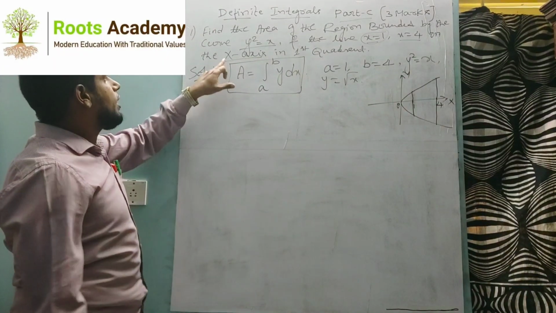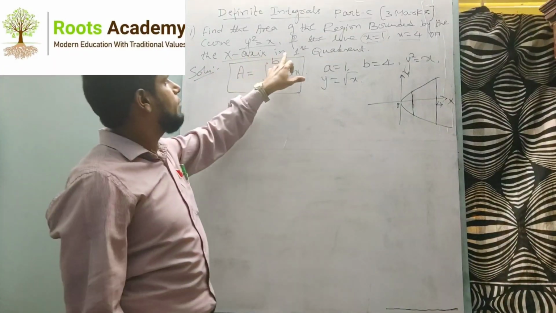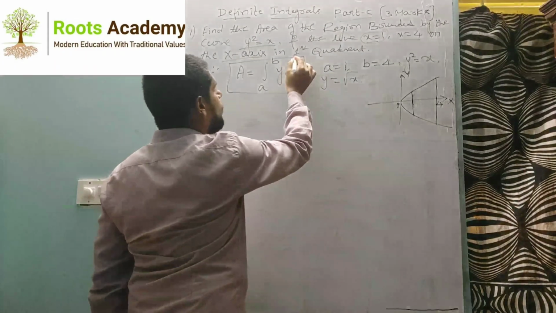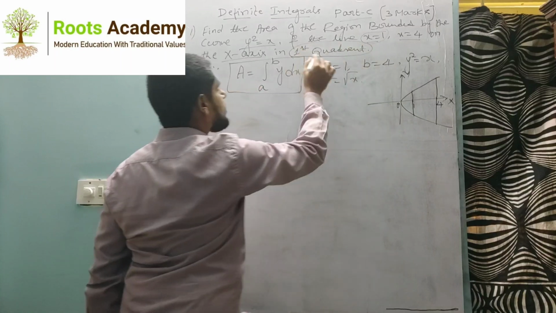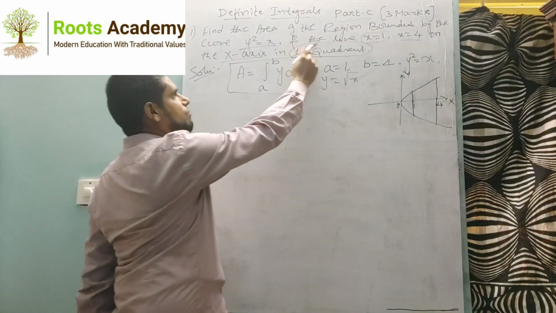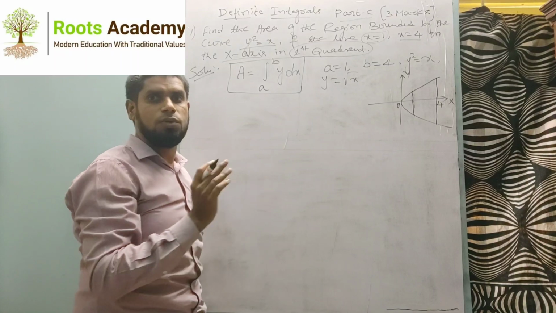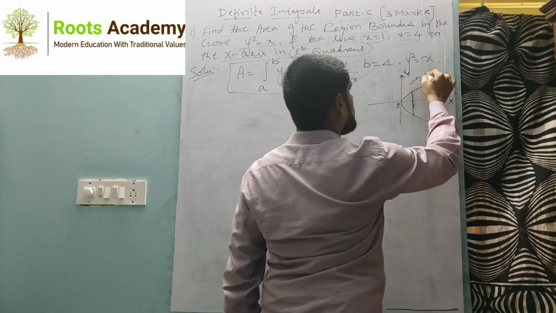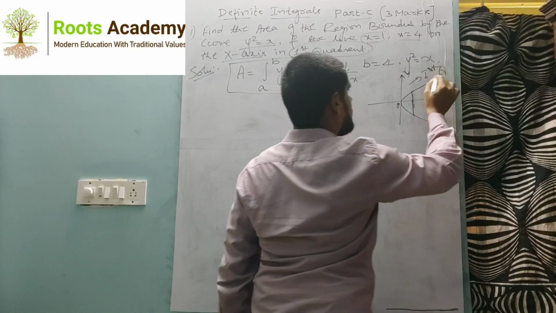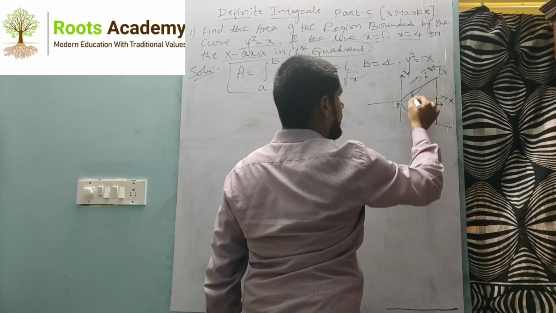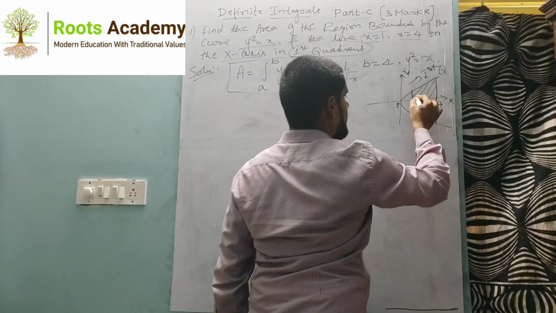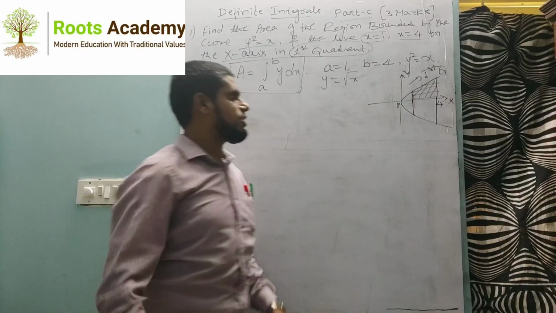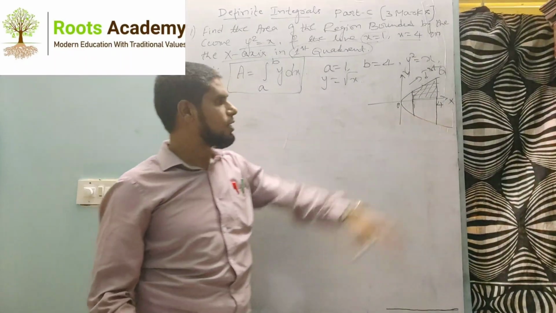It's mentioned that we should find the area of the region bounded only in the first quadrant. So we should find the area of only this shaded region.